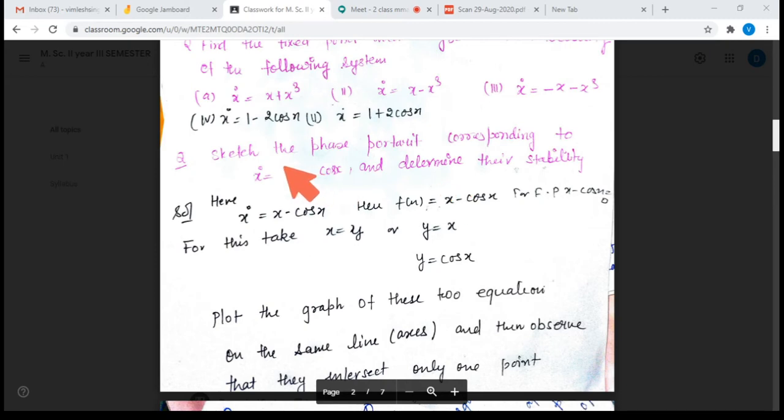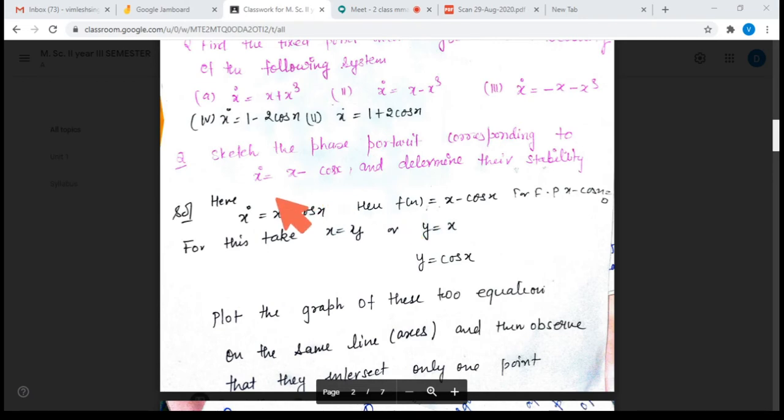For plotting this, the equation x minus cos x doesn't give the exact figure. It is not a parabola, it is cos x with x. So there are some complications in finding the figure. So we take a simple approach by using some substitution.